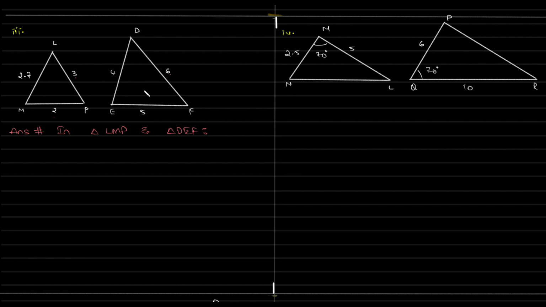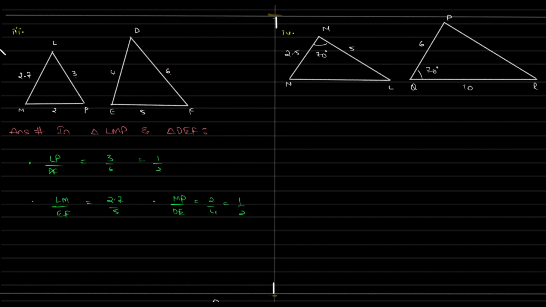So basically these two triangles are not similar. You can just tell that LP by DF is equal to 3 by 6, which is equal to half, while LM by EF is 2.7 by 5. And the last one, MP by DE is 2 by 4, which is equal to half.